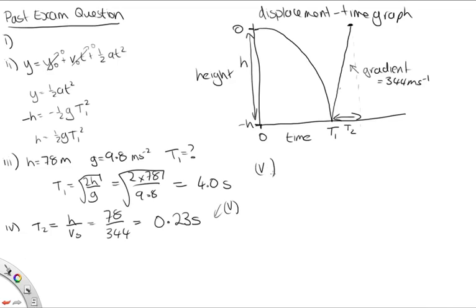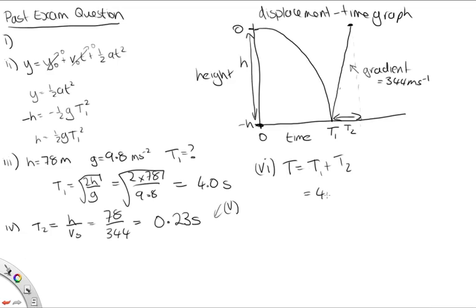Part 6 says state the time t between the release of the stone and the arrival of the sound. So that's the distance between here and here. t is equal to t1 plus t2, and it tells us to think carefully about the number of significant figures. All the data in the question is 3 significant figures, but this and this are only 2 significant figures, so our answer should only be to 2 significant figures.